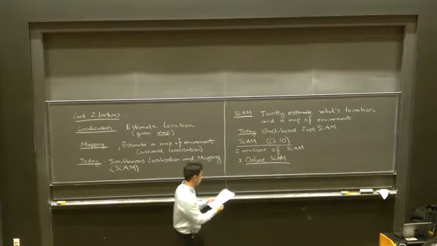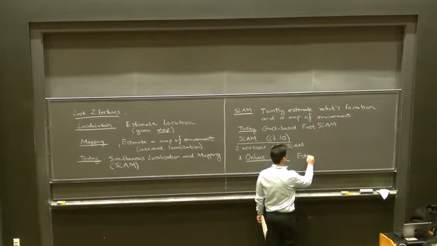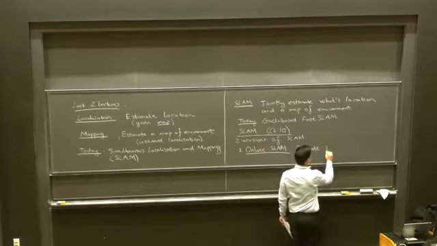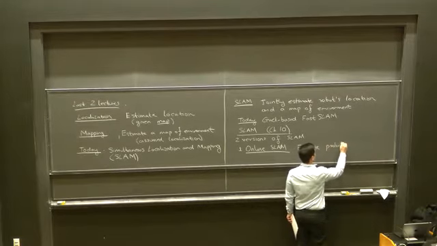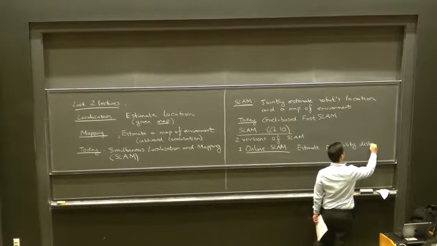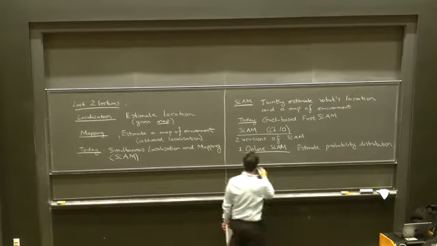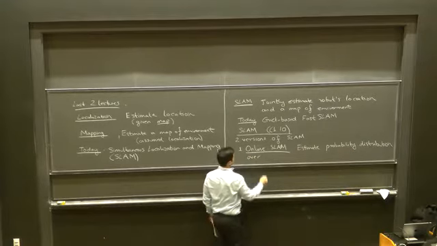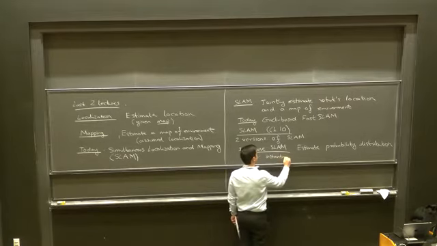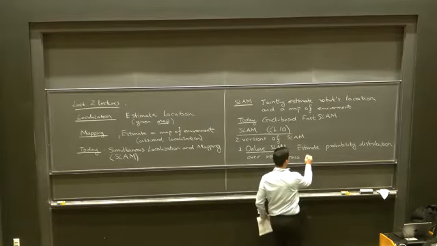The problem in online SLAM is to estimate some probability distribution over the instantaneous location and map.